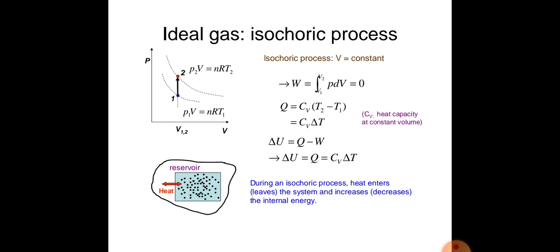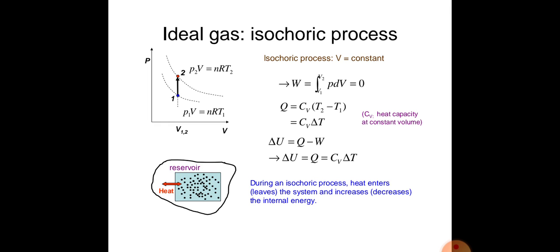In the graph, pressure is plotted against volume, and the pressure changes from state 1 to state 2, but volume remains constant for both states. That's why the process is known as a constant volume process.